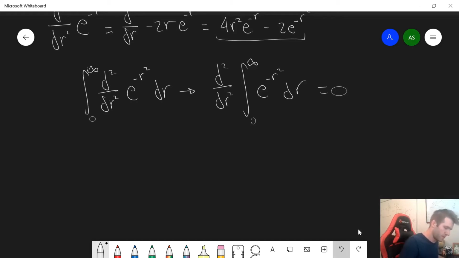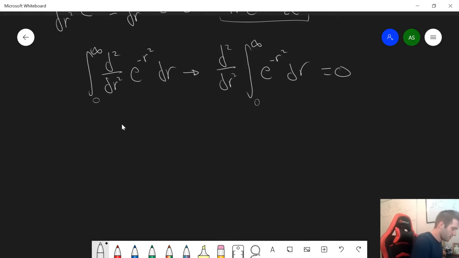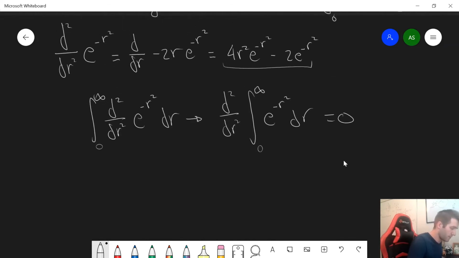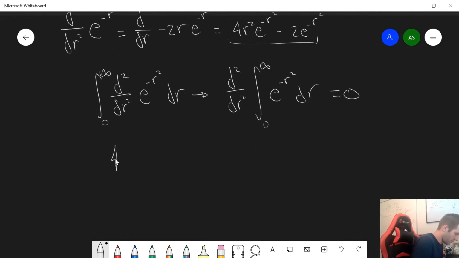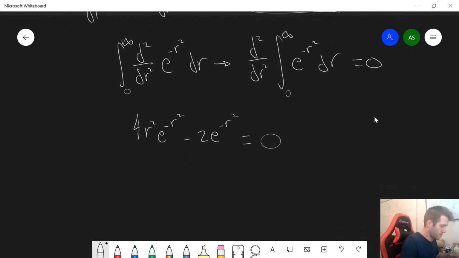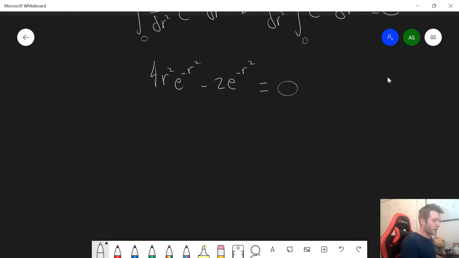So we can now just set what we just solved for, our derivative, equal to 0. So 4r squared e raised to the negative r squared minus 2e to the negative r squared equals 0, right? Because that is what we have just proved. So with that in mind, we can move this over to the other side, and then I'm going to divide by 4. And what we're going to have is now the improper integral of both sides.